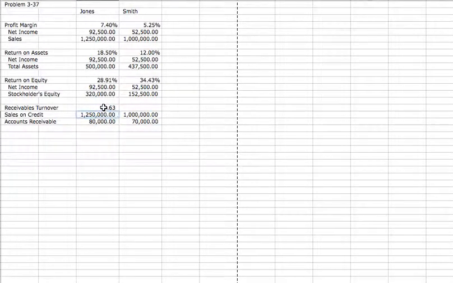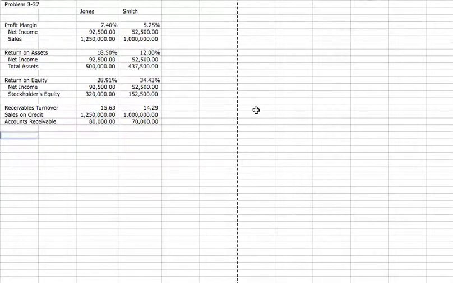That tells you the number of times that this receivables balance is turned over during the course of the year. Okay, so we're going to do the same thing here. Looks like receivables is a little bit better managed here at Jones than it is at Smith.